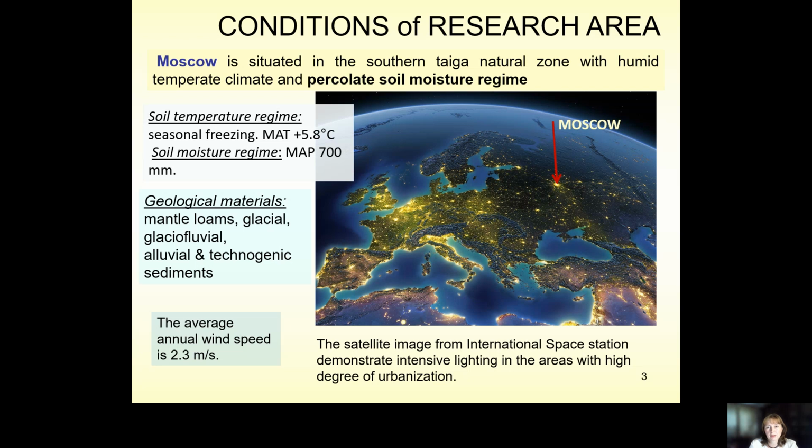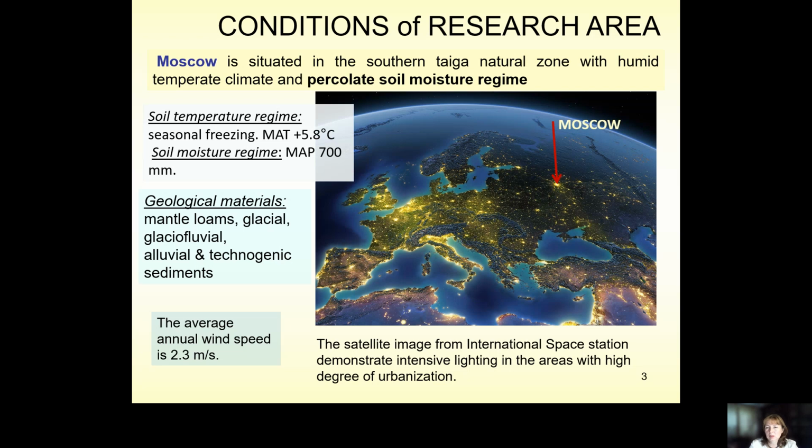Our long-term study on the composition of solid atmospheric fallouts was conducted over a set of summer seasons in the city of Moscow. These were mainly the places of our soil research.